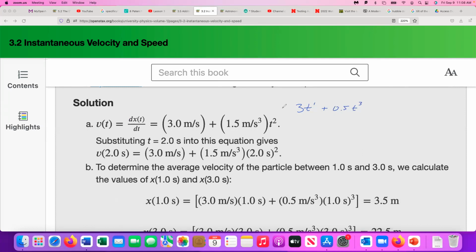And that's our function. If we take a time derivative of this function, that will give us a velocity function. It'll give us velocity as a function of time.